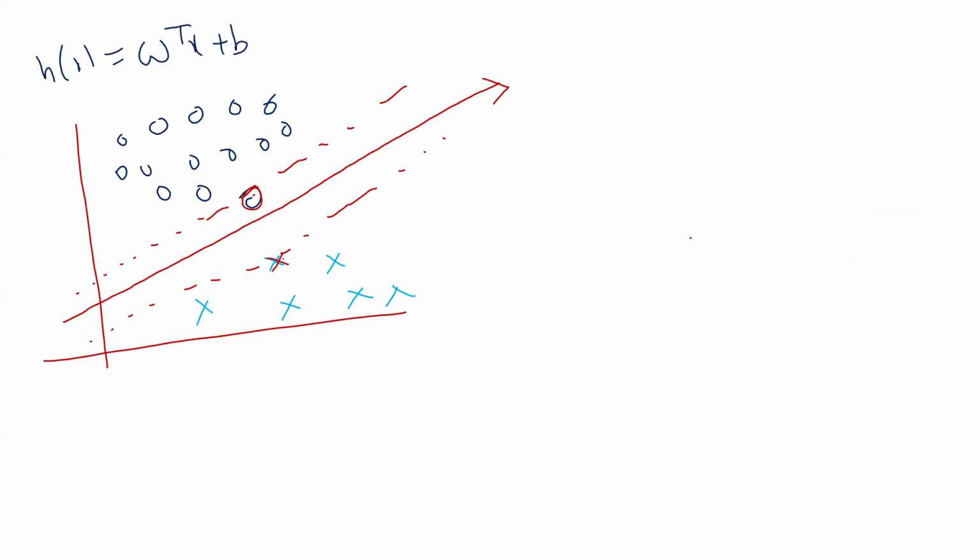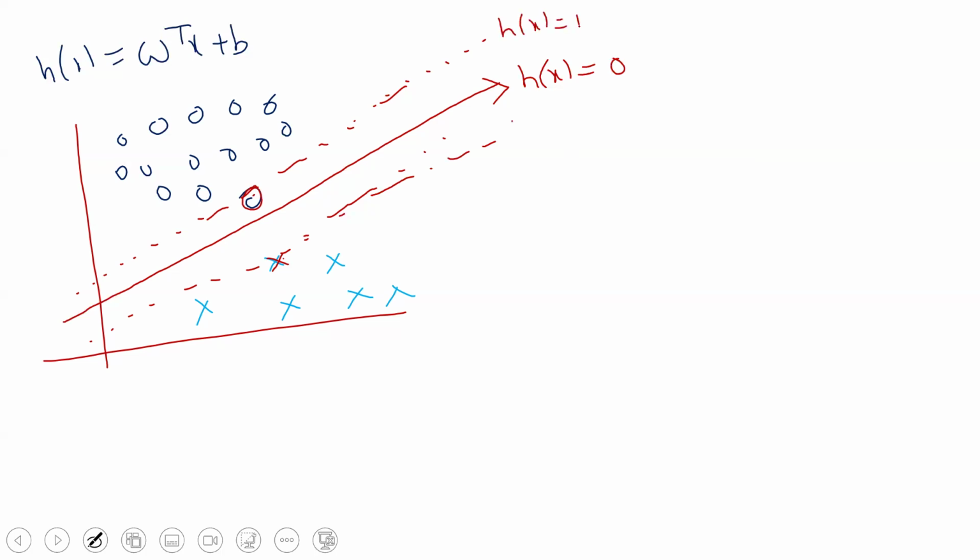So this is important. Let's understand. These are the parallel lines that intercepted the support vectors. When we represent this as h of x is equal to 0, we are trying to find a parallel line where h of x is equal to 1 and h of x is equal to minus 1. So the intercepting lines that touch the support vectors are now represented with h of x is equal to 1 and h of x is equal to minus 1.